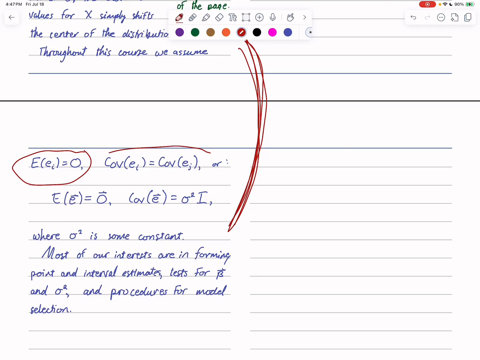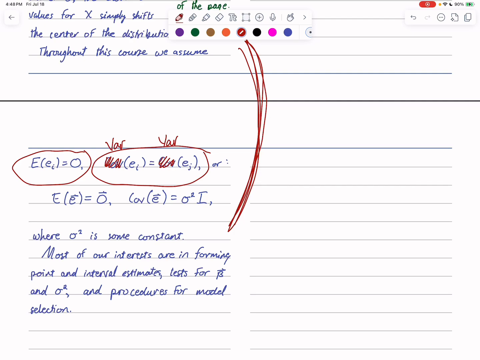We will assume that they all share the same variance. And here I think I have a typo. I believe that should be the variance of E_i equals the variance of E_j, no matter what the choice of i and j are. So they all share the same variance.